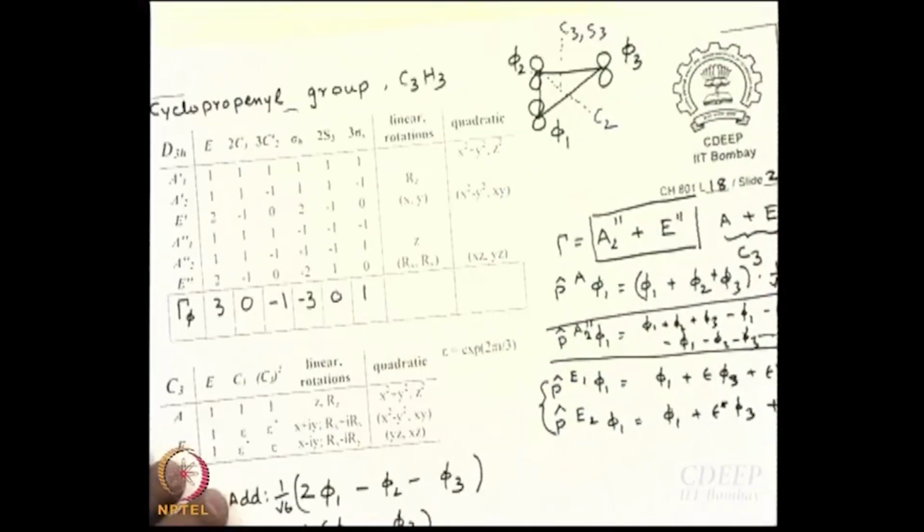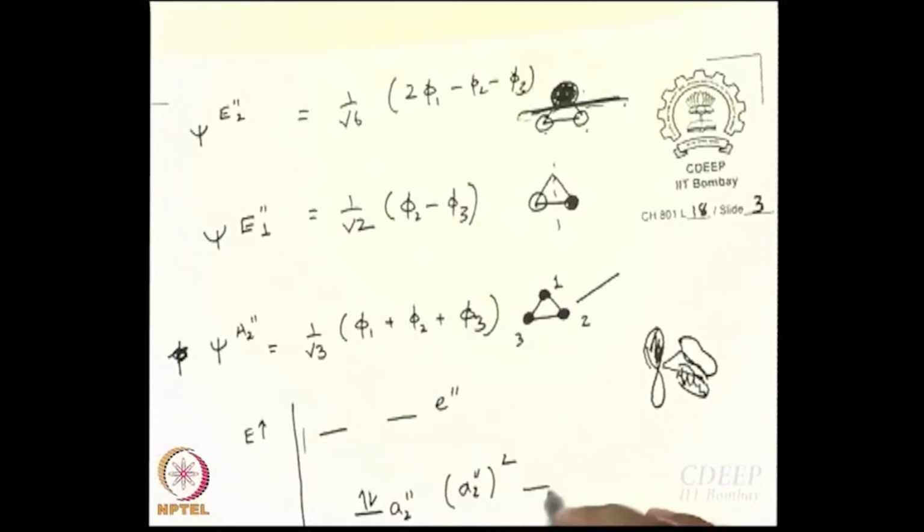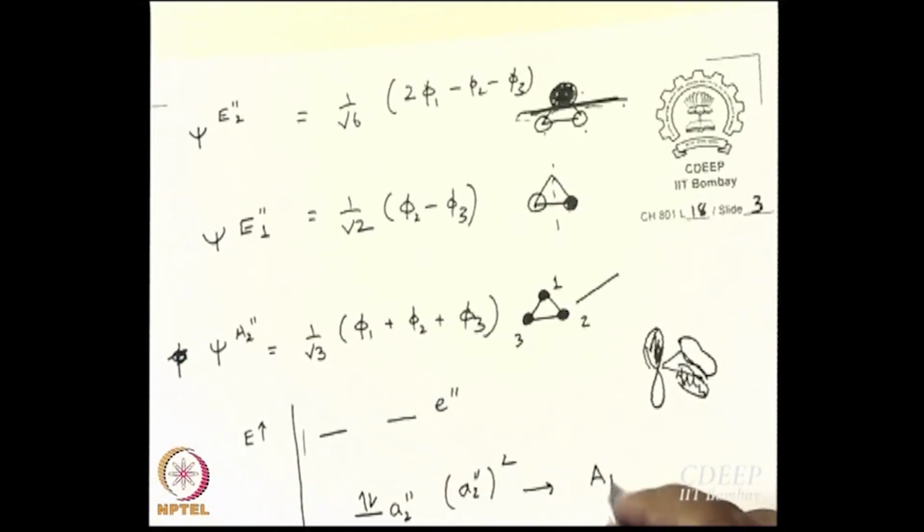A1 dash. Here, A1 dash. So this whole thing, this configuration, is called an A1 dashed state.